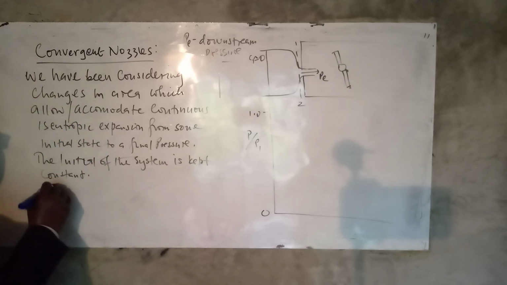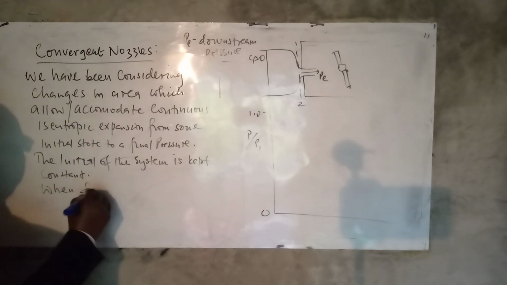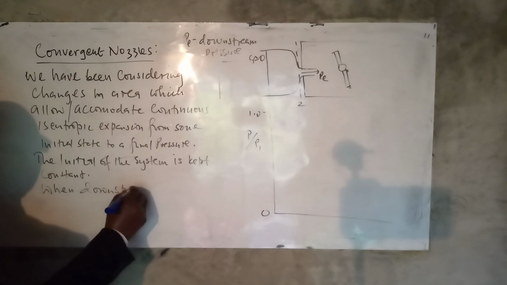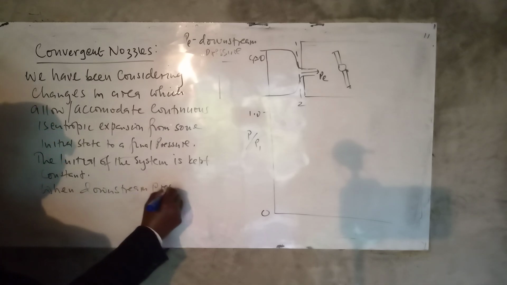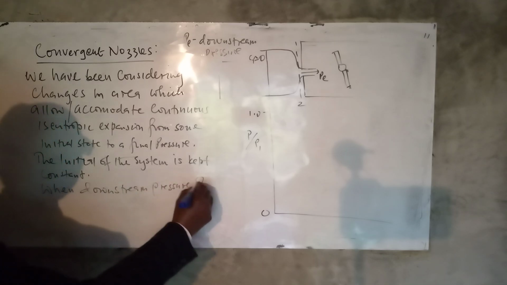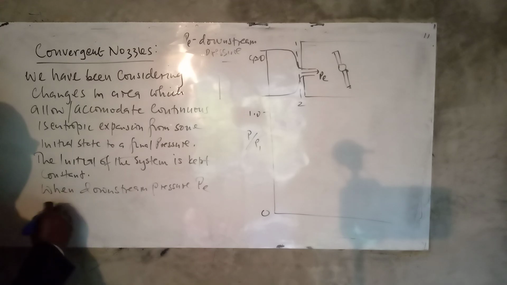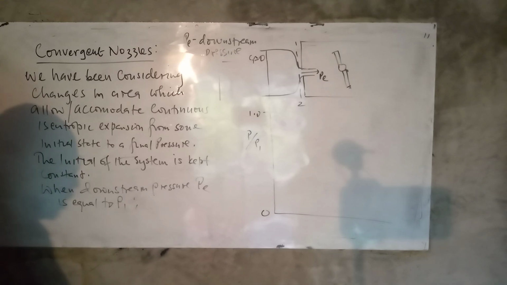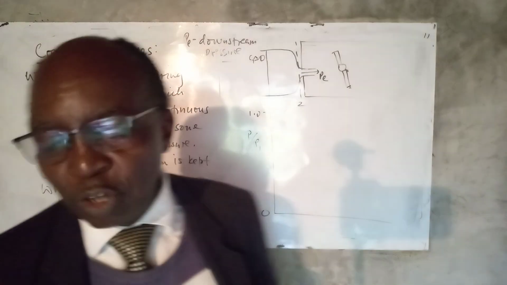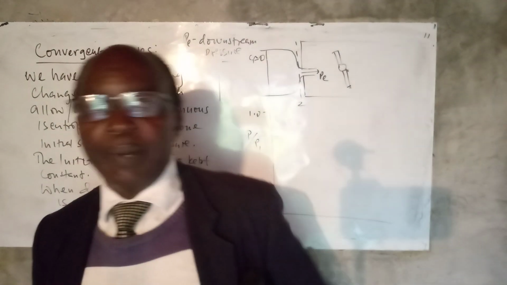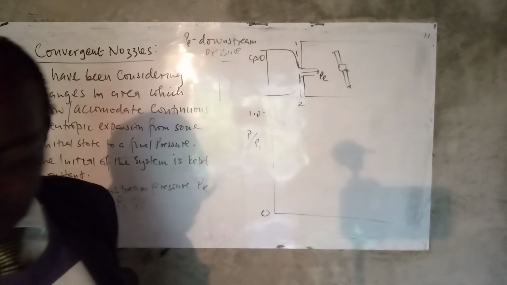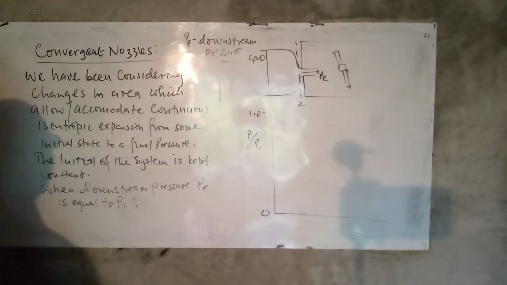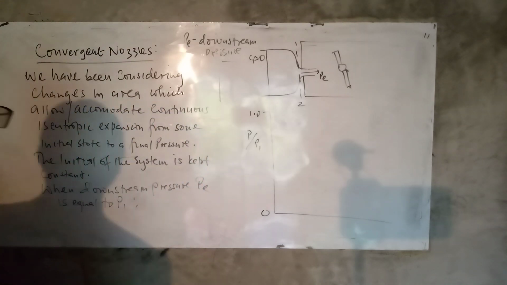So when downstream pressure PE is equal to P1, what does that mean? That means that there's no pressure differential, so there will be no flow.